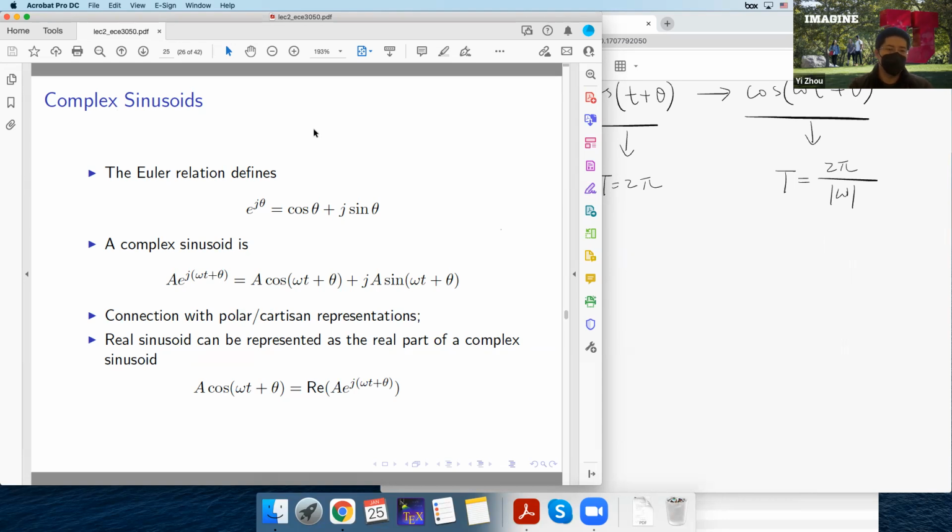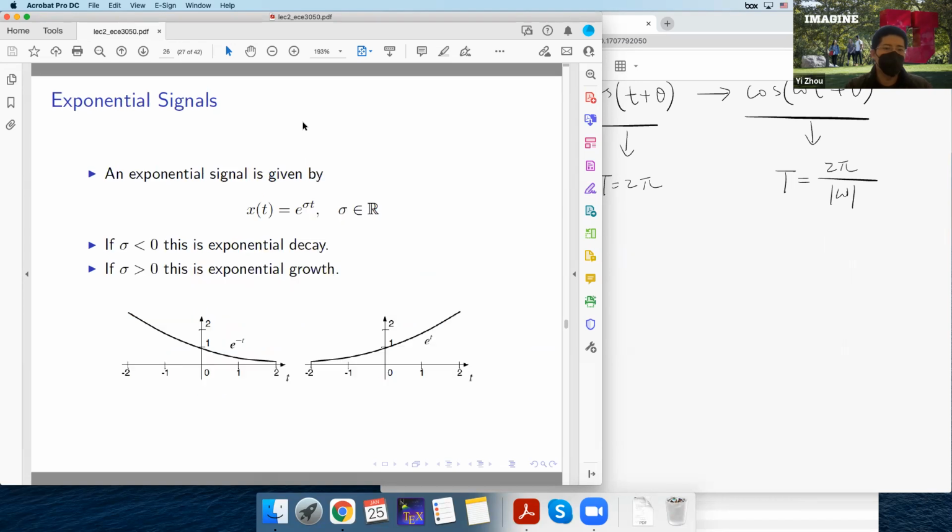It's basically a generalization to the complex domain. And we have these exponential signals. It's e to the power of a parameter sigma times t. And depending on the sign of this sigma, it could be exponentially decaying if sigma is negative, or exponentially increasing if sigma is positive.